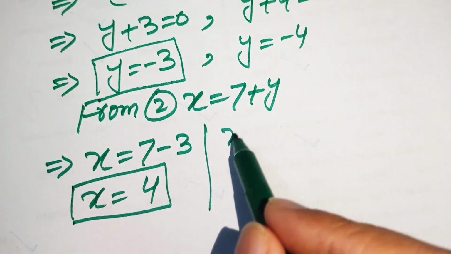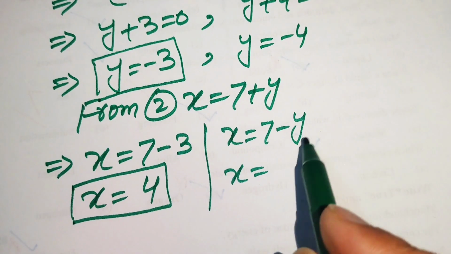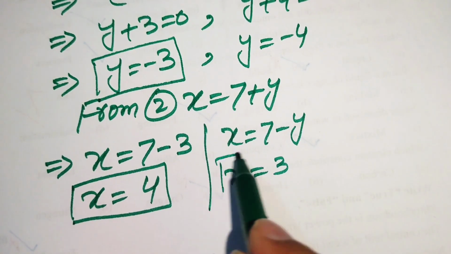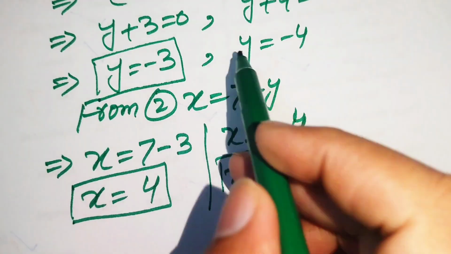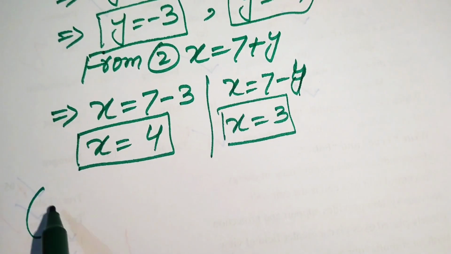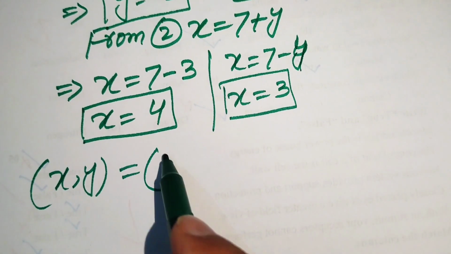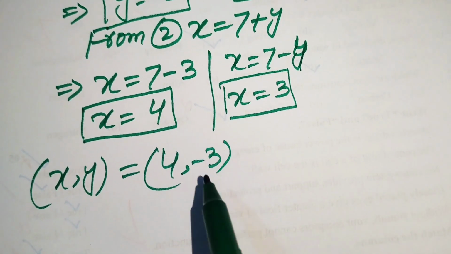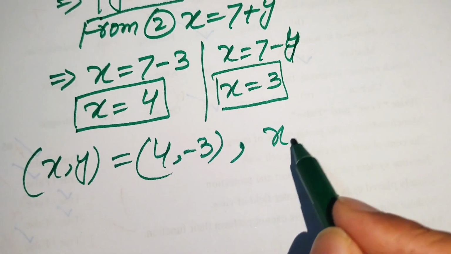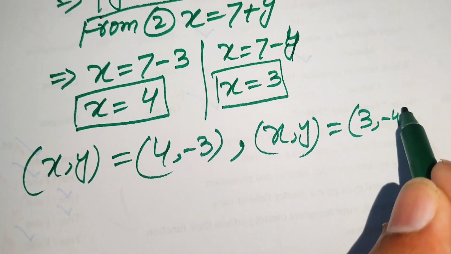Similarly, in that case we have x equals to 7 minus 4, and you get x equals to 3. So this is the value of x corresponding to this value of y. So here we again have two solutions of the given equation. The one is x, y equals to 4 and minus 3, and the second is x, y equals to 3 and minus 4.